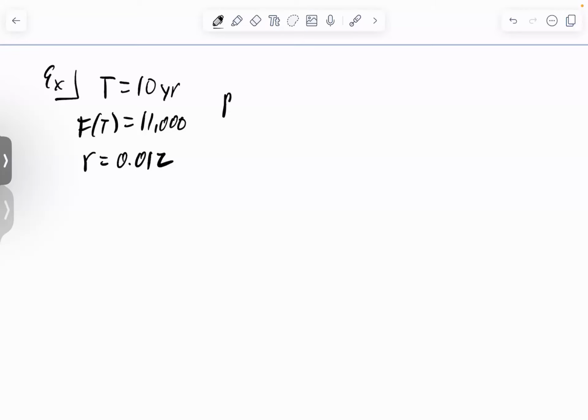So our present value is going to be the integral. I'll write the general formula here, f of t e to the negative rt dt. Finding this formula is not particularly complicated, but again, in our case, f of t is 11,000, r is 0.012, and we're integrating with respect to t, so this is lowercase t.